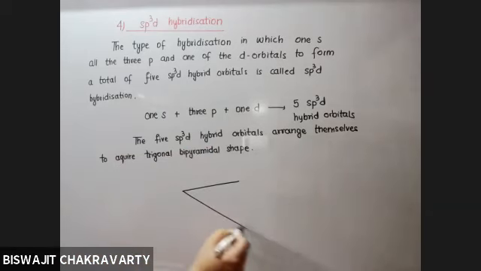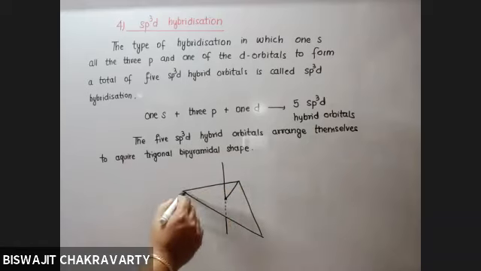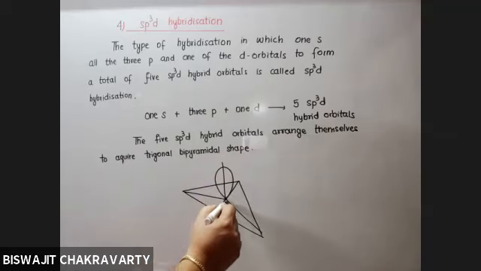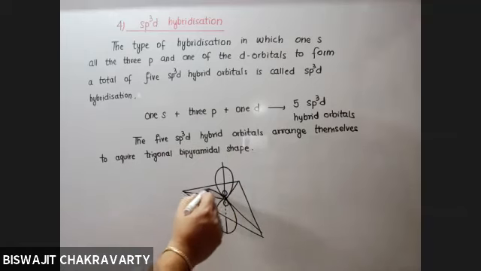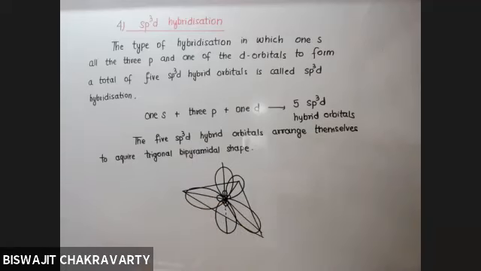So here also, as 5 hybrid orbitals are produced, the best acquired shape will be trigonal bipyramidal, and 3 of them will be lying on the same plane, making a bond angle of 120 degrees, and the remaining 2 which are perpendicular will form 90 degrees. So these 5 hybrid orbitals will be aligning themselves along these 5 lines to get this particular shape.